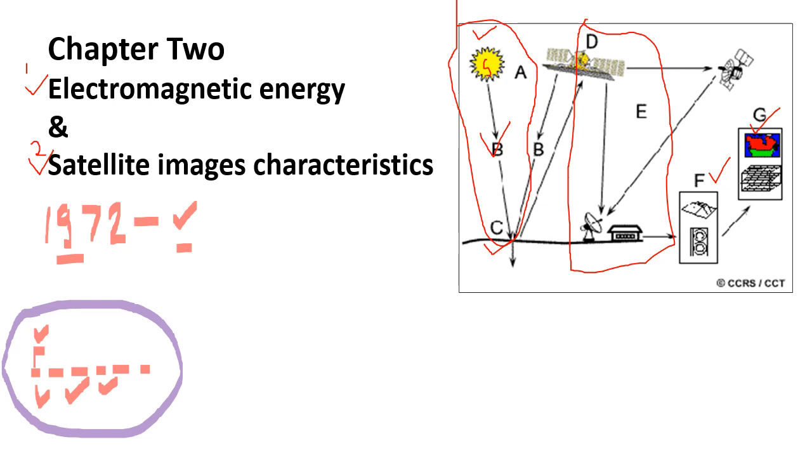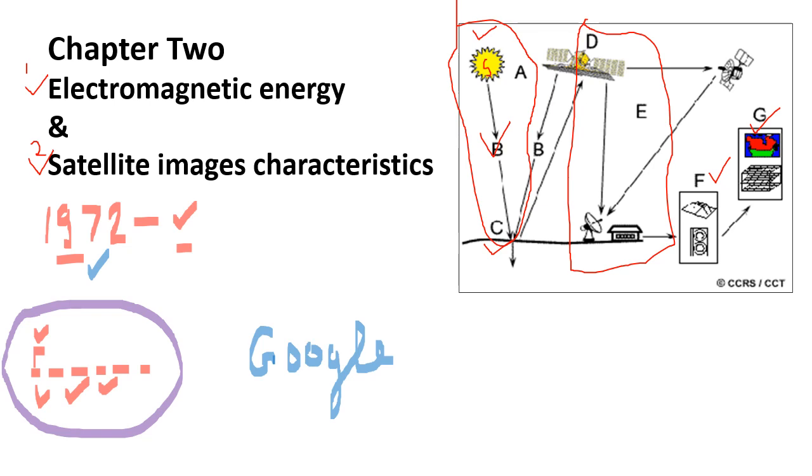But fortunately, there was an entry of one organization, and we know that this is Google. Google entered into this system, and Google acquired all these images right from 1972 up to now, and continuously they are acquiring.